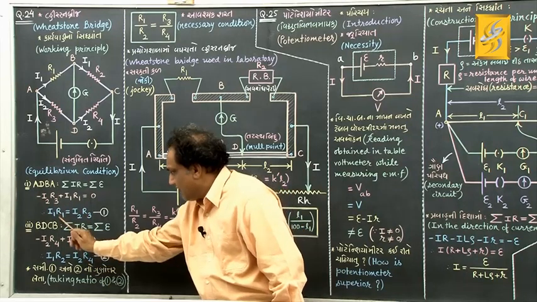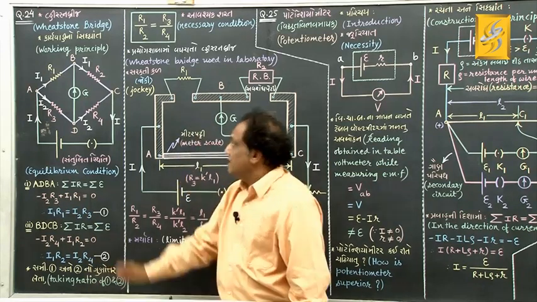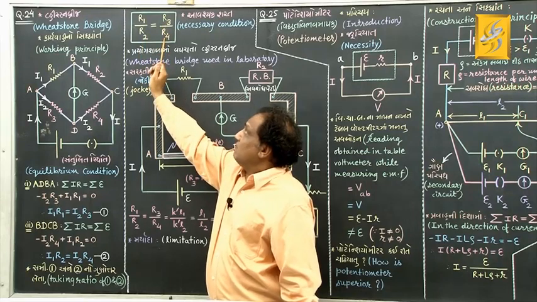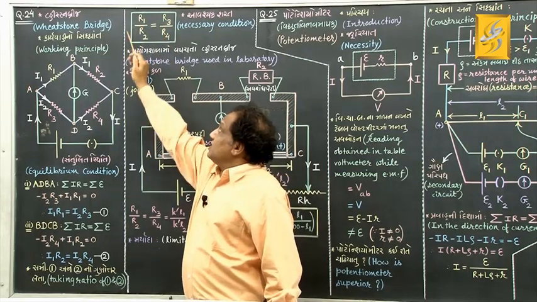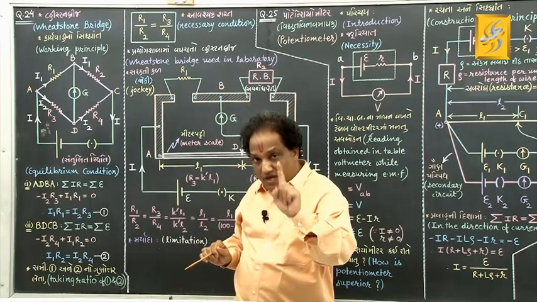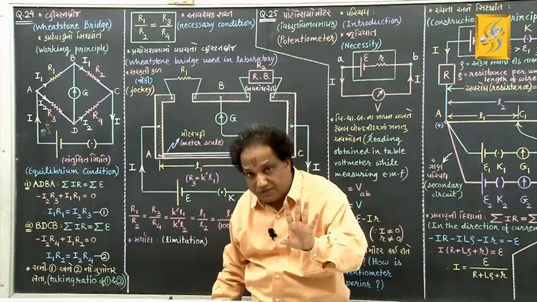Correct? R1 upon R2 equals R3 upon R4. My dears, this is a very important condition which is satisfied only in the equilibrium or balance condition of a Wheatstone bridge.